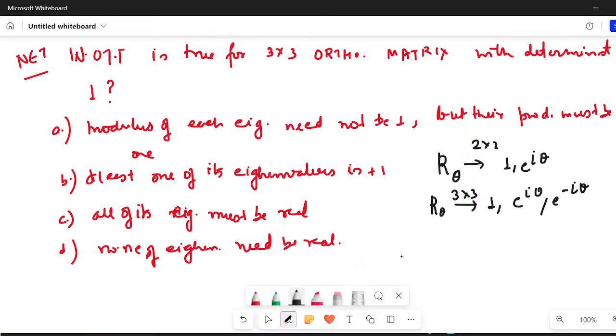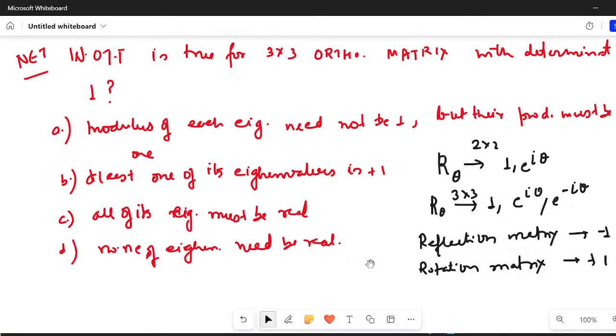We have also seen an orthogonal matrix called the reflection matrix, whose determinant is minus 1, while for the rotation matrix the determinant is plus 1.